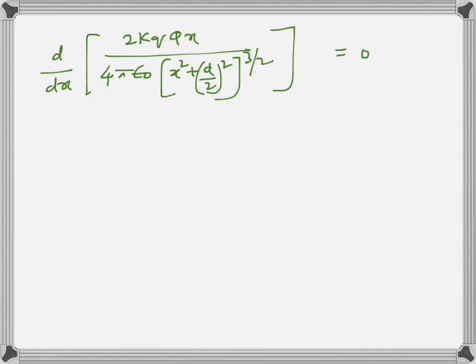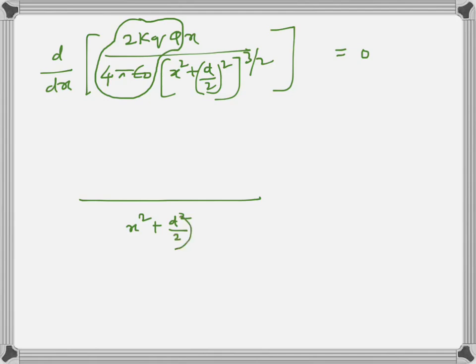So we must take the derivative of this. Actually we are taking the derivative with respect to the variable x. So all other terms which are constants, you can separate them out of the derivative. So we must use the u by v rule when taking the derivative. When we use that rule, it becomes like this: x square plus d by 2 whole square, whole cube.